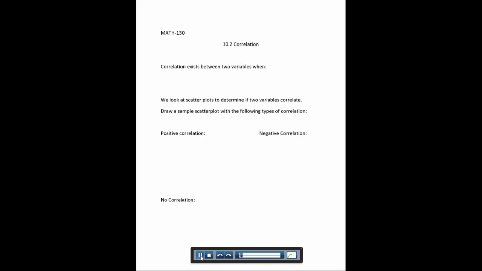In Chapter 10, we're going to talk about correlation and regression. So in 10.2, we start with correlation.